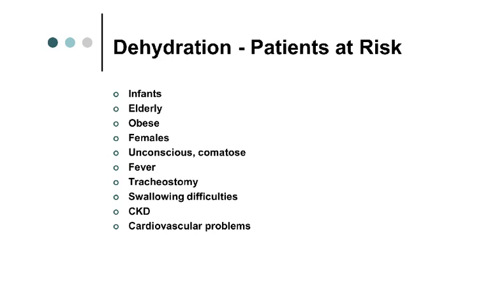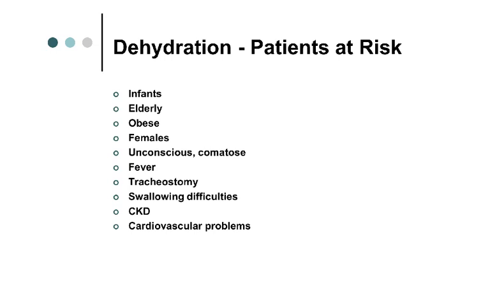So there's also the elderly, as we've discussed, and obese patients, and females. And this is because we have a lower water content than our male counterparts. So obviously patients who are unconscious, comatose, those who have tracheostomies, swallowing difficulties, they won't be able to control their fluid intake as much as a conscious patient and one that has their own airway and can swallow well.